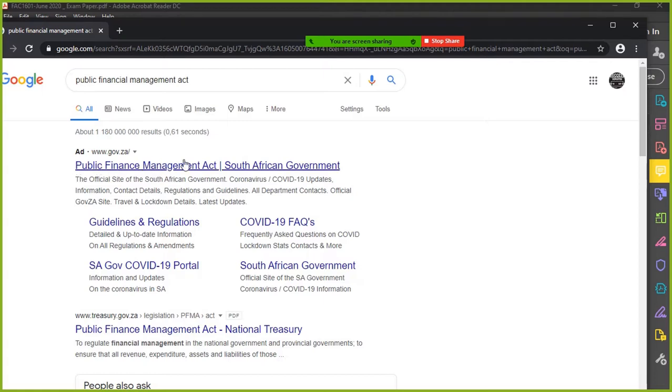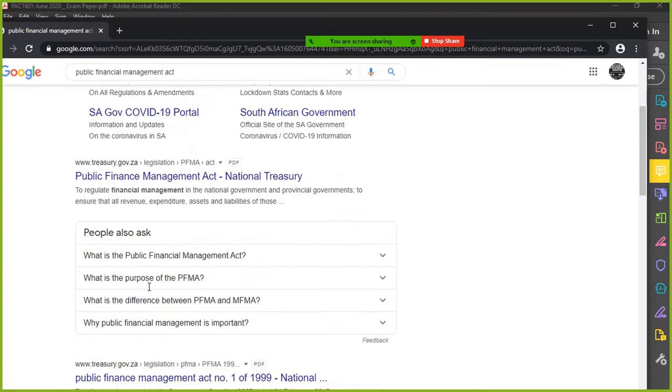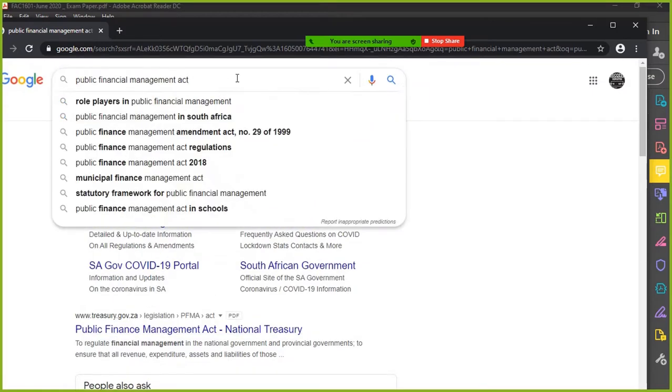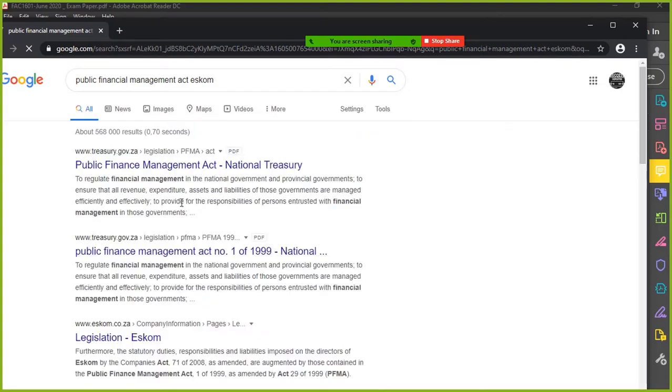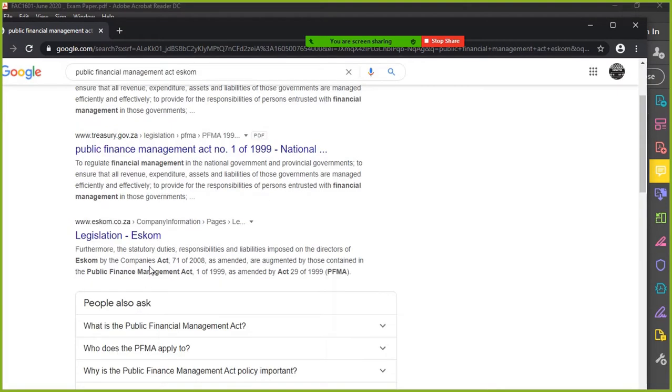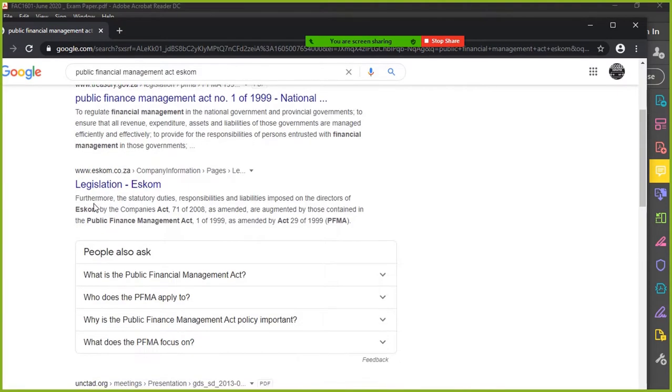Okay, this PFMA. Right, so when you're looking at public companies, Eskom needs to follow this. Let's write down Eskom. Will it come up? Here, legislation. See, there. Furthermore, the statutory duties, responsibilities, and liabilities imposed on the directors of Eskom by the Companies Act, as amended, are augmented by those contained in the Public Financial Management Act of 1999.